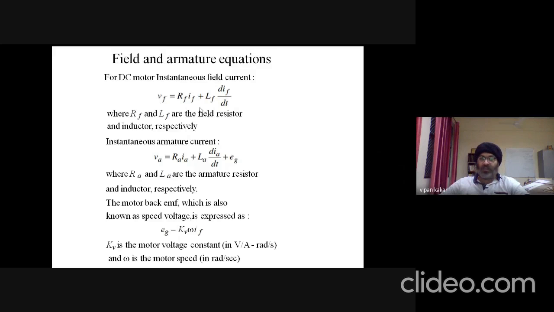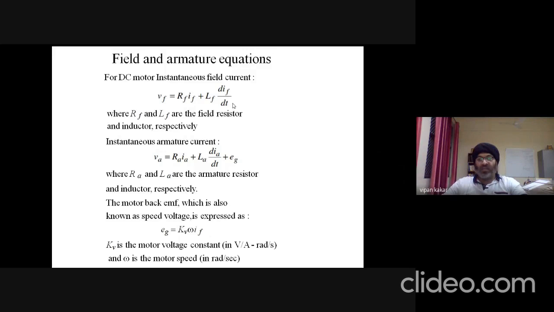Using this equation, we can easily find the instantaneous field current in this particular DC motor, where we have the voltage across the field resistance and the voltage across the field inductance.